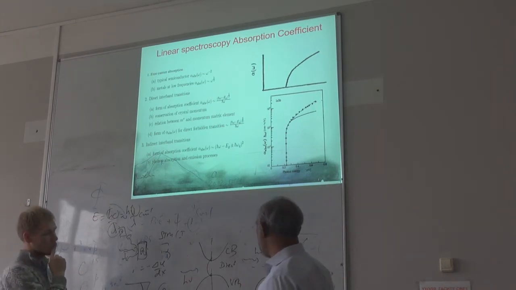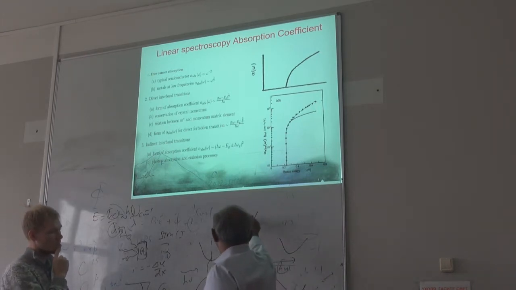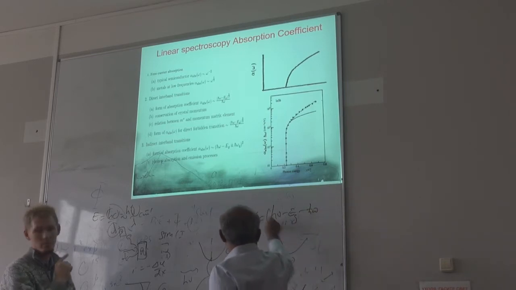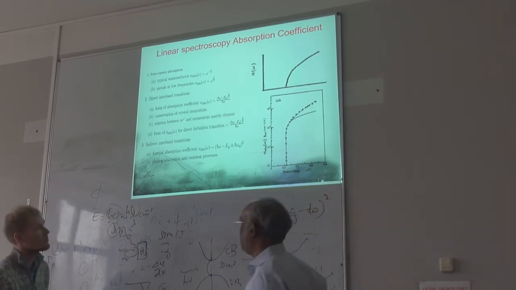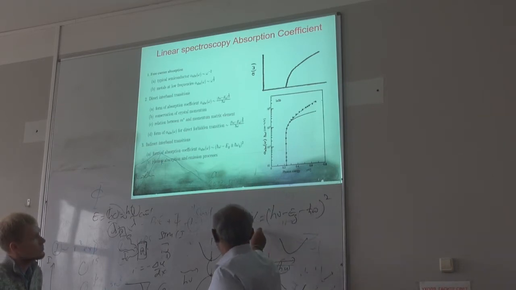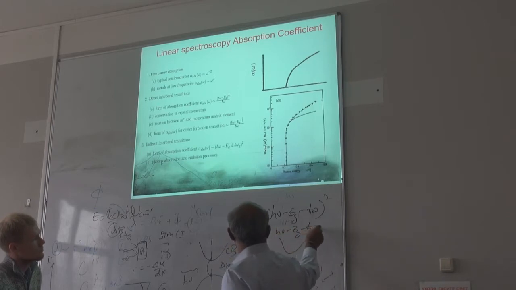But if it is an indirect band gap, alpha goes as h nu minus Eg, and then you also have this phonon term. This is typically squared. So you need to take alpha to the one-half, which becomes h nu minus Eg minus epsilon.